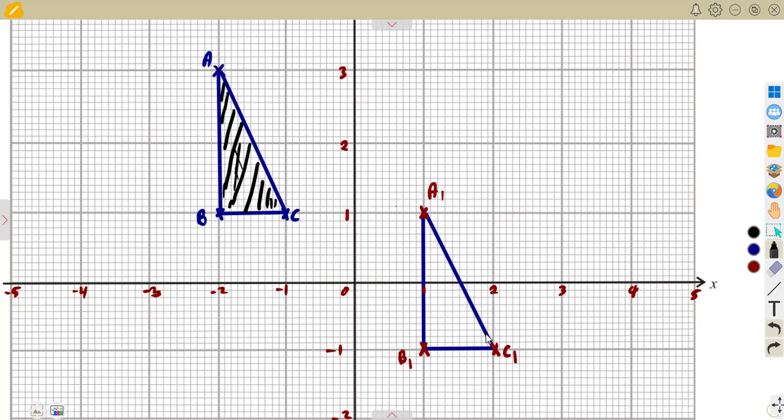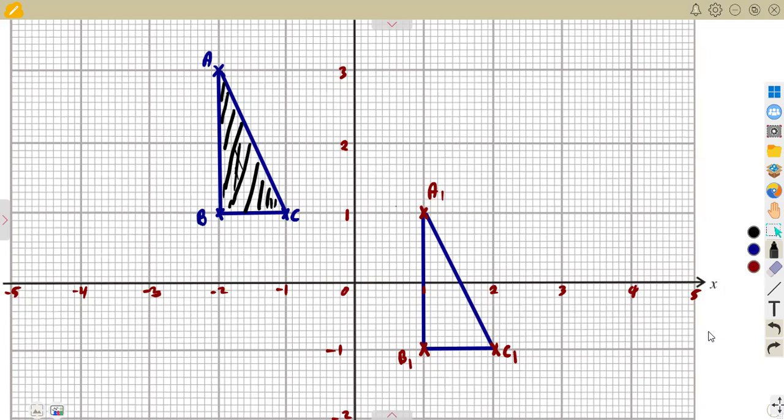Then this definitely is going to be the same. A right angle triangle. As you can see, these two triangles are not similar. They are congruent, that is of the same size, same shape. The size is maintained. Shape is also maintained.